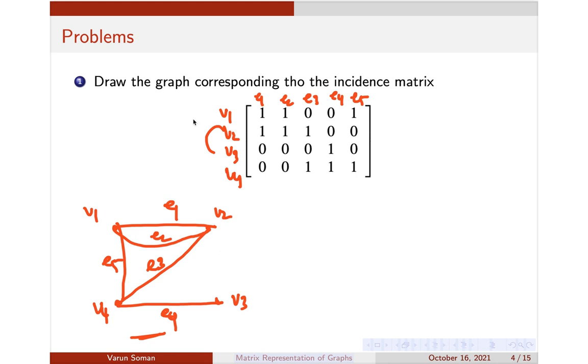So if you just change the columns, your graph will be relabeled. Essentially the graph would be the same, only the vertices would be relabeled. Similarly for edges, if you change the columns of e2 and e3, the edge called e2 will now be called e3. So just changing the rows and columns would not affect the graph, only the labeling would change.